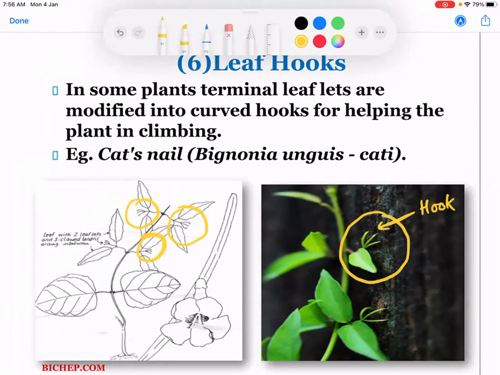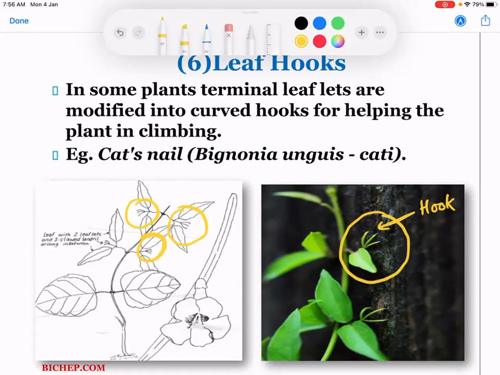They have a very weak stem, and to climb up, they give mechanical support by forming curved structures or wrapping around the support.